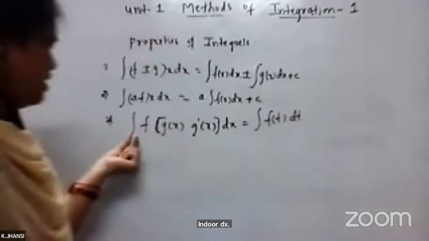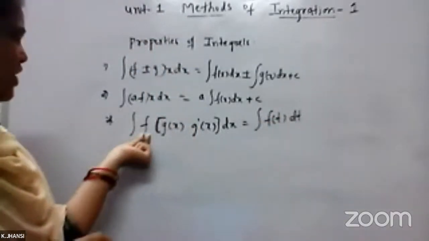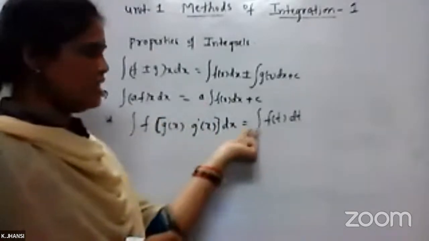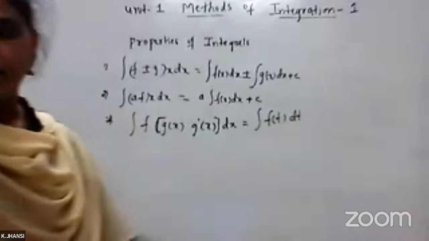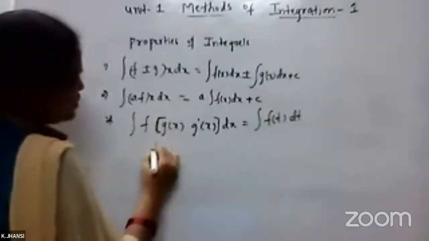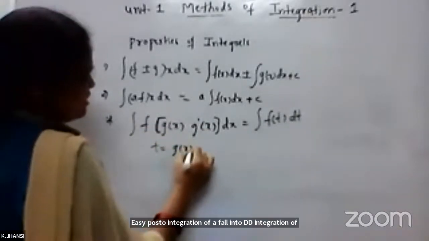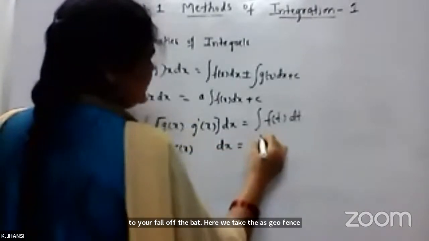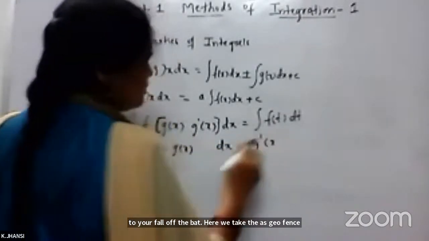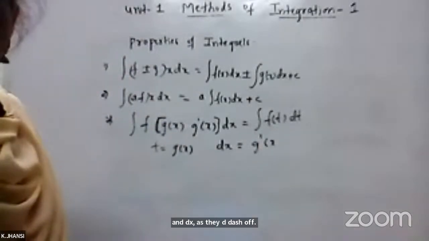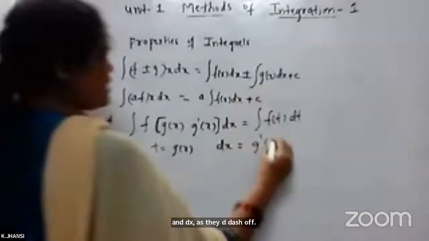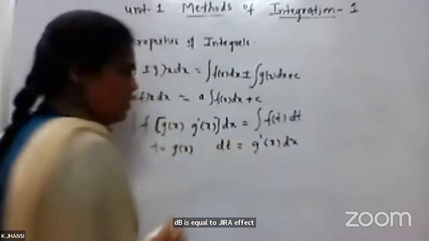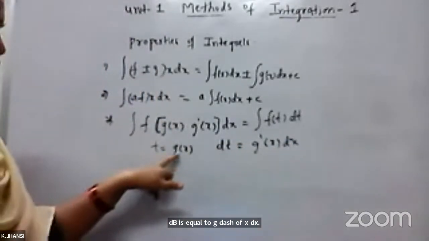Here we take t as g of x, and dt is equals to g dash of x dx. Okay. So we'll take t equals to g of x.